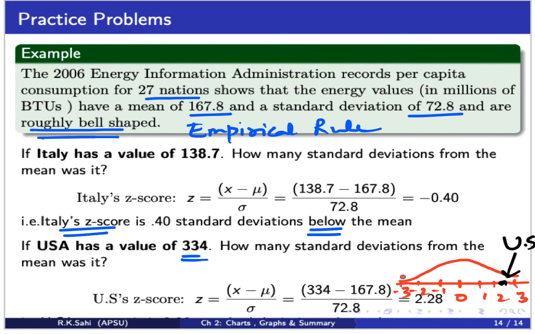Remember, we're looking at z-scores. So Italy is somewhere here. That's Italy. So that's how z-scores help us to make comparisons and analysis of a data set. Thank you.